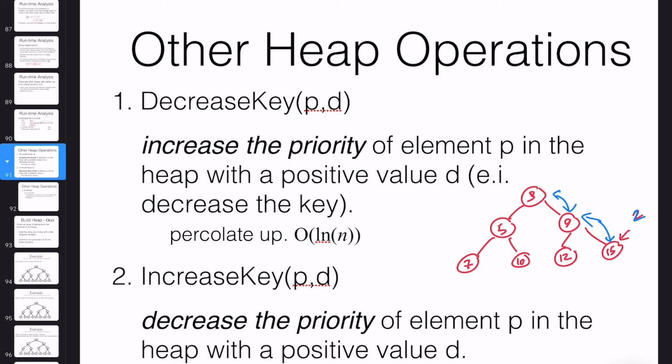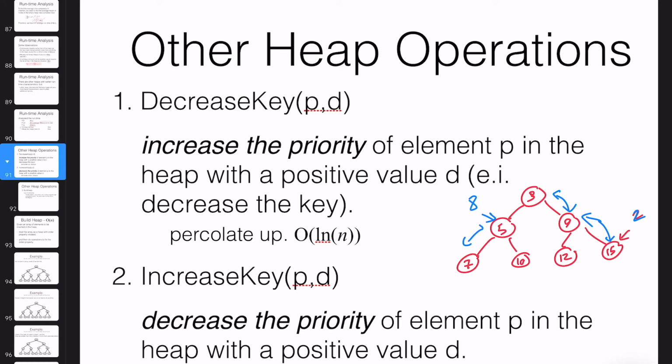So it's possible that the score of some of the items in your priority queue would update. You increase the value or decrease it. Or for example, the score of this one became 8. In this case, you have to percolate it down, right?